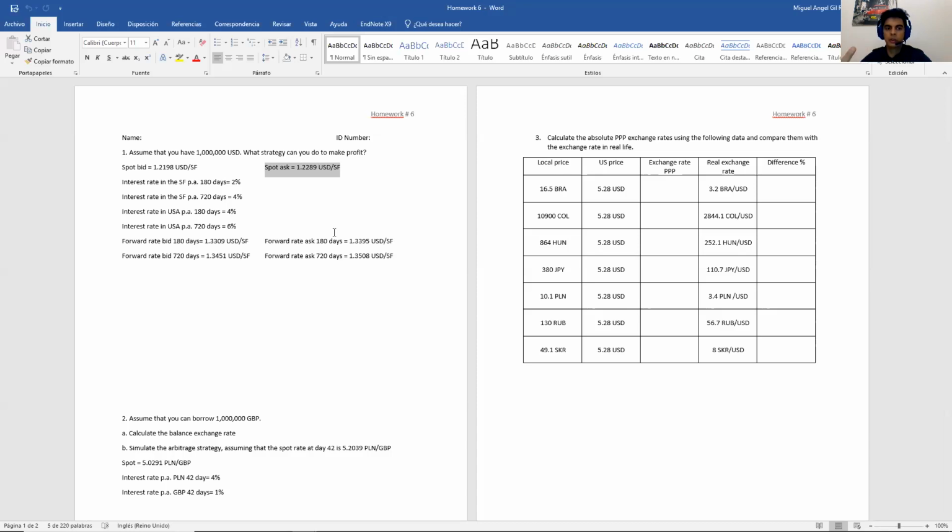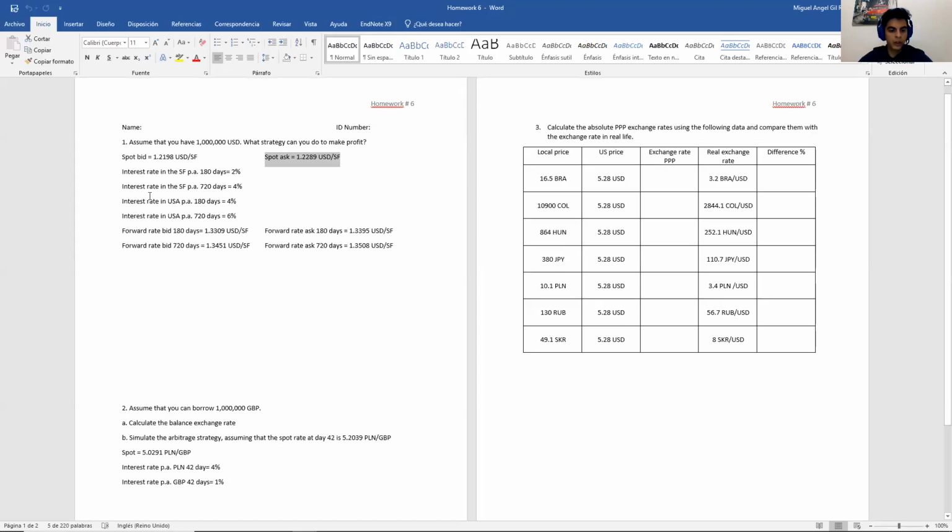Be very careful choosing whether you use bid or ask when you convert your currency. And the other thing is that you have two different forwards, one for 6 months and the other one for 2 years. So you have to be careful using the data.